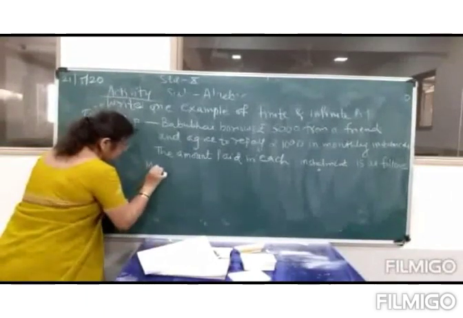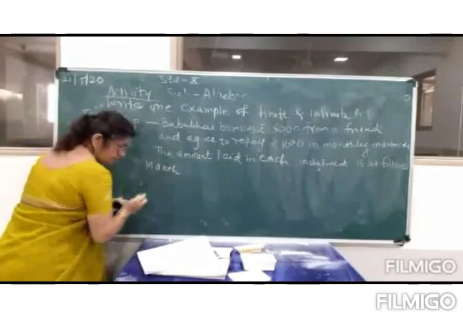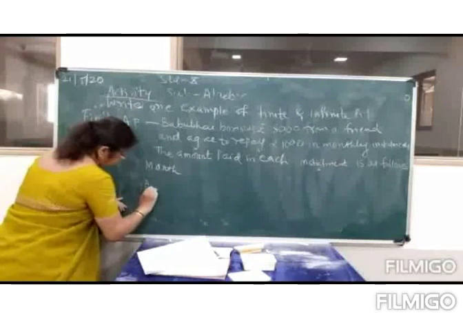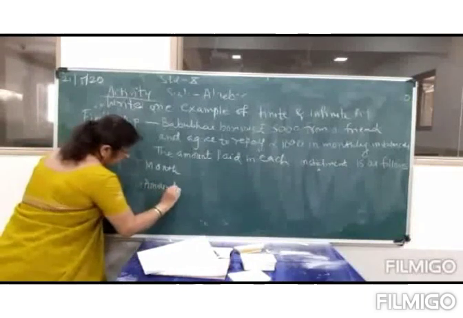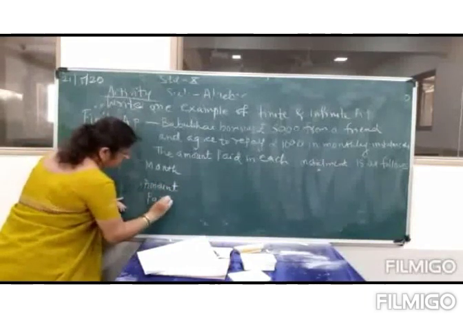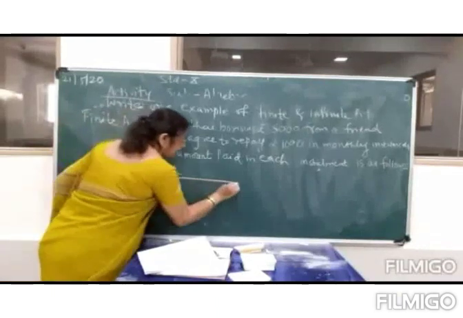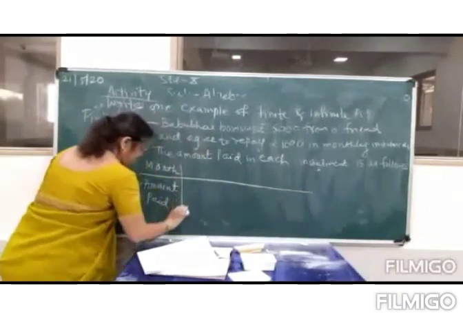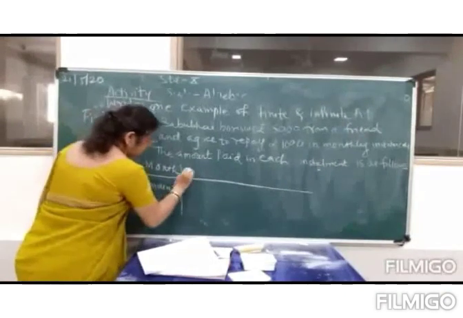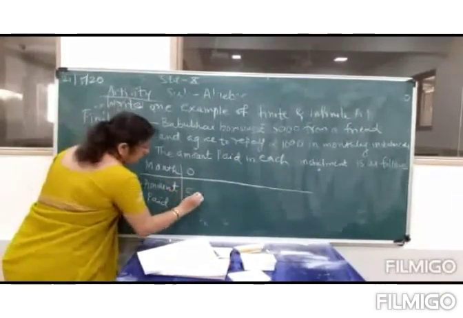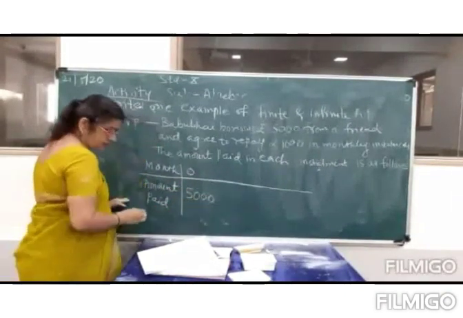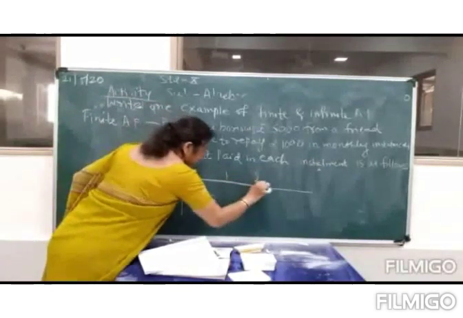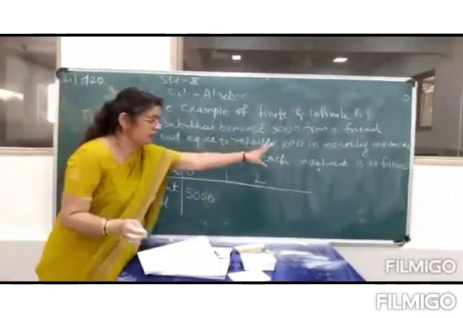Now here the month and amount paid. Now this is the 0 month where he has borrowed the 5,000. Then 1, 2. Now every month 1,000.